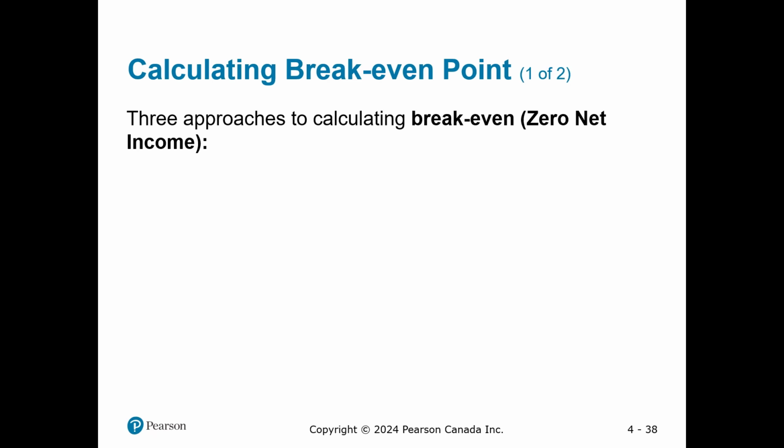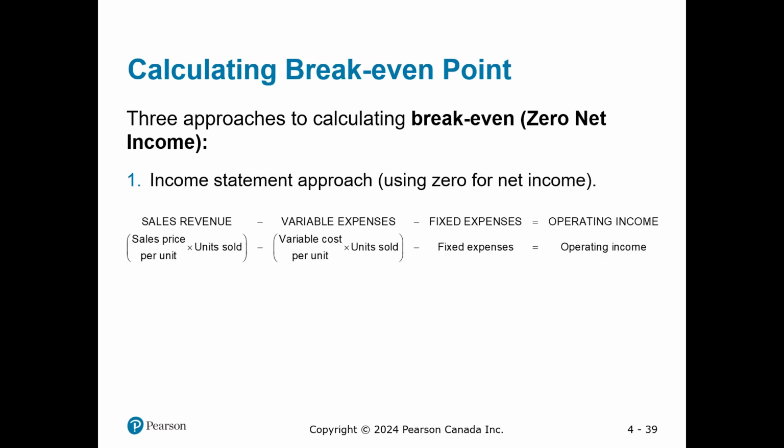Again, remember that operating income at this point will be 0. 1, we can use the income statement approach. This is where we plug operating income as 0. We know the fixed expenses, we know the variable cost per unit, and we know the sales price per unit. What we are solving for is the unknown number, which is the units sold. That's the income statement approach.